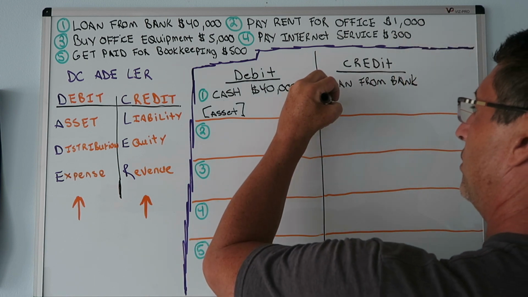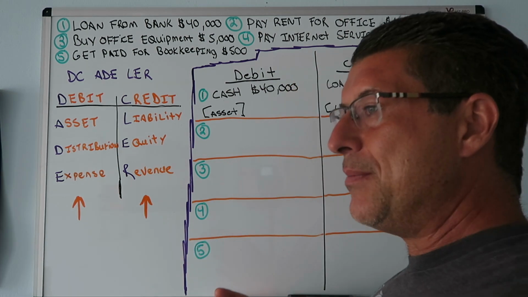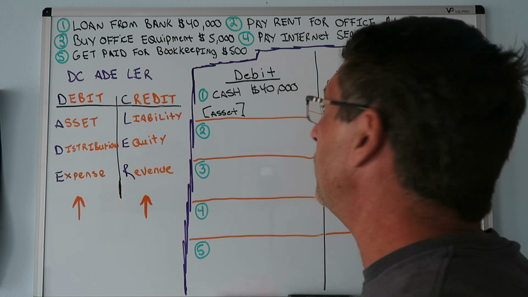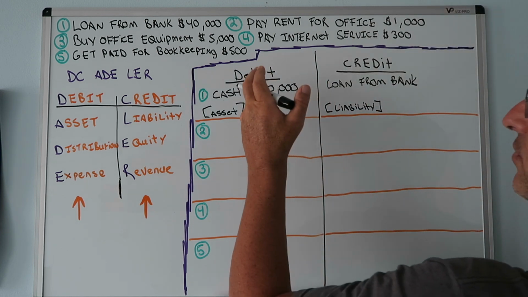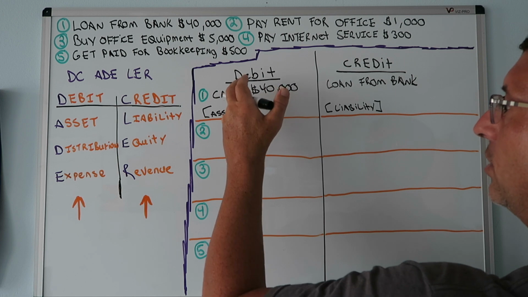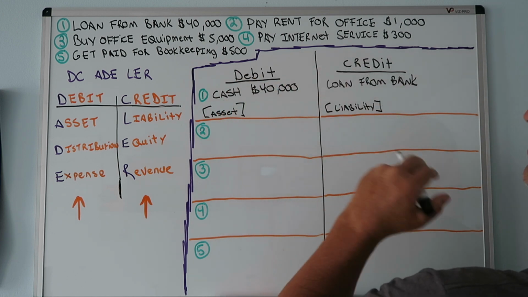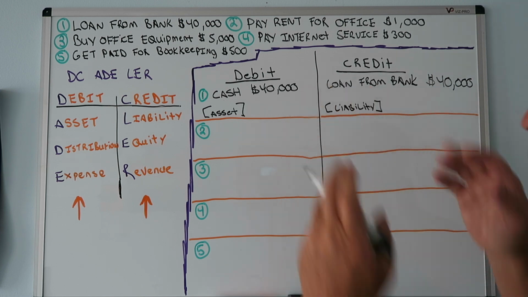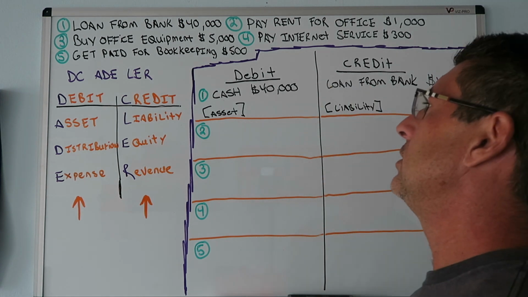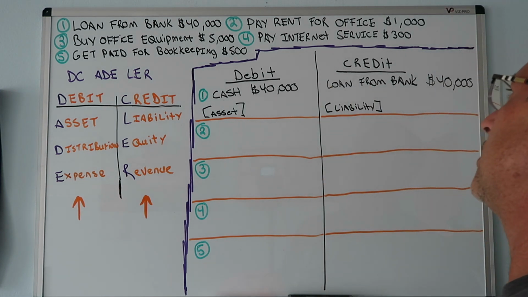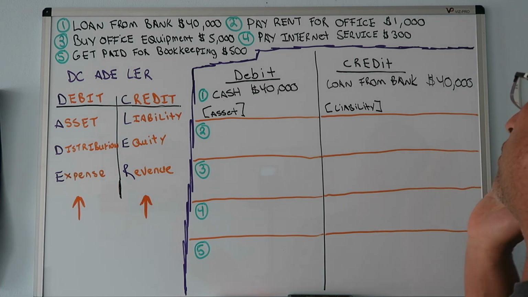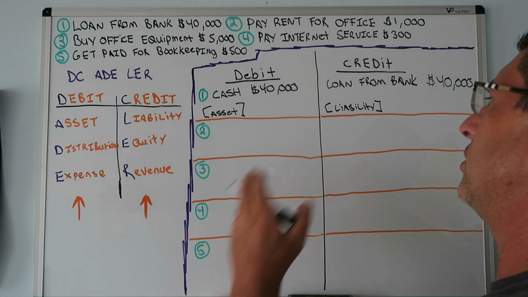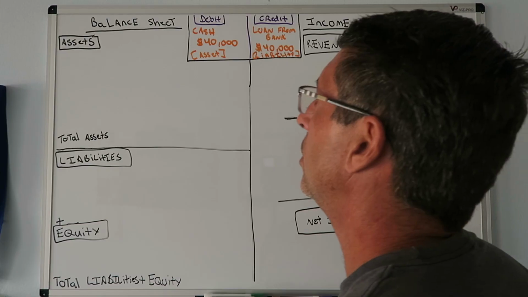Debits and credits always equal. So if we have a debit of $40,000, our credit is going to have to be $40,000. So there's our first journal entry. Debit cash, $40,000. Credit loan from bank, $40,000, which is a liability.